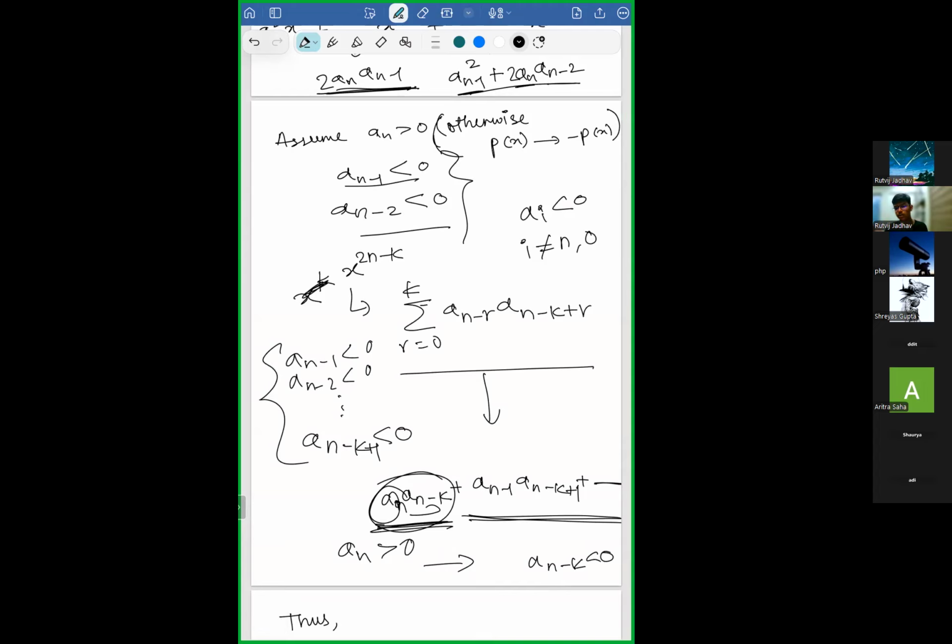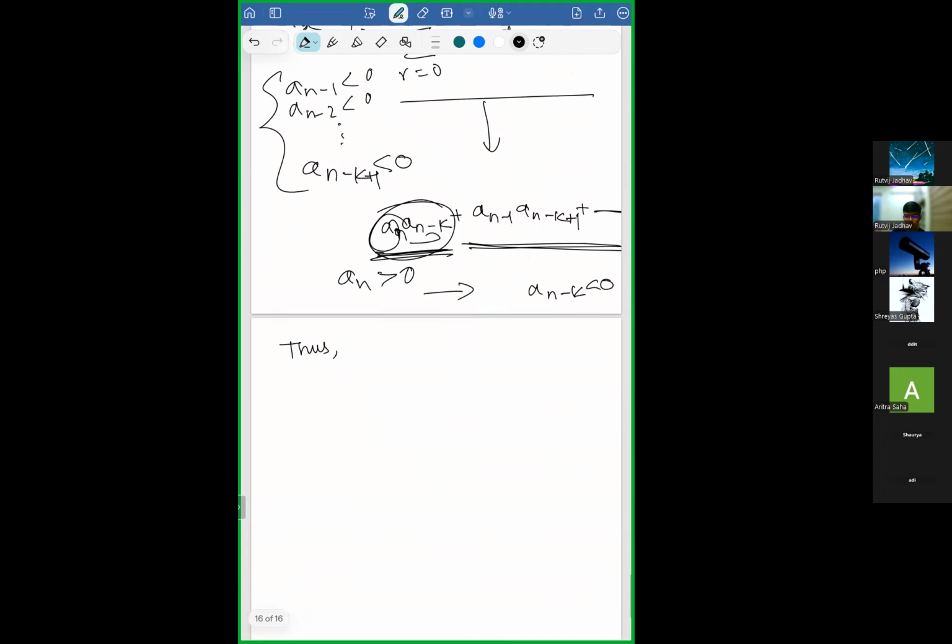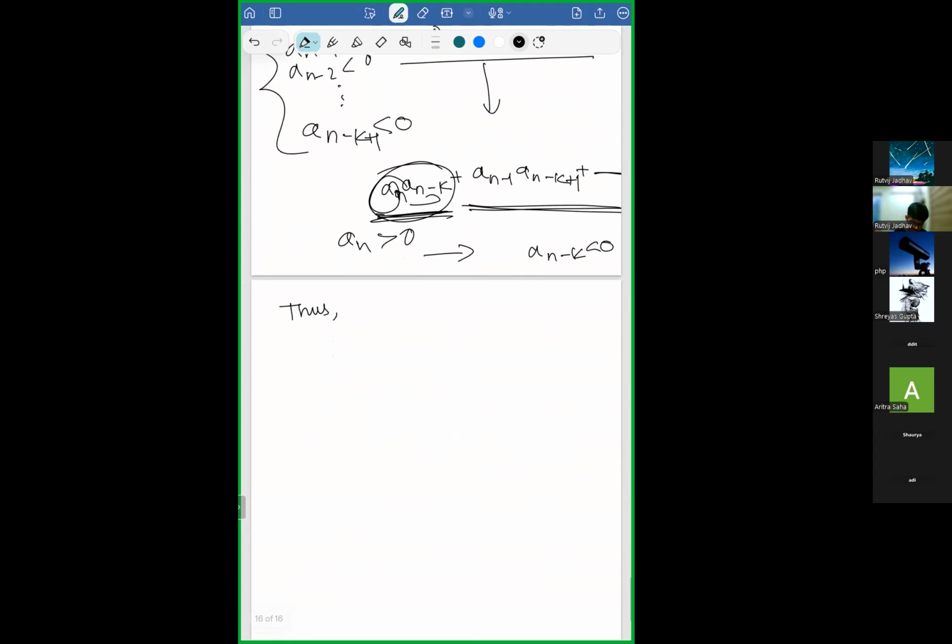It will keep going on downwards. But it will keep on going till a naught, right? By this logic, a zero. Is this fine?